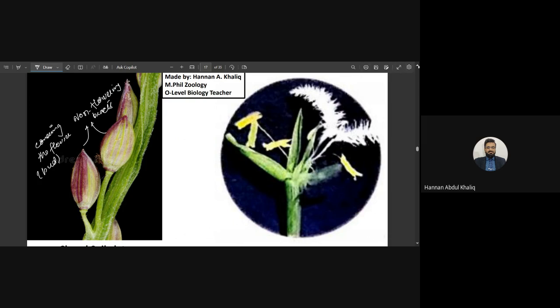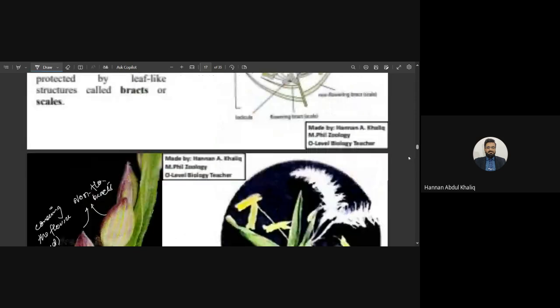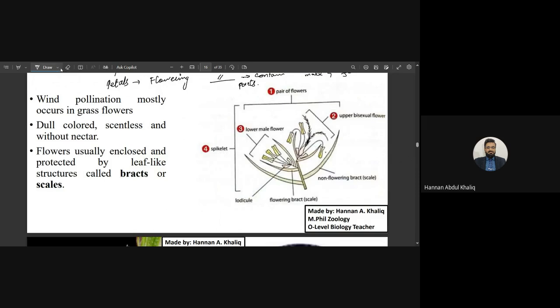And now they need to open. Remember, non-flowering bracts need to open. How do they open? Let's go back to the previous slide. They would be opened in the season.